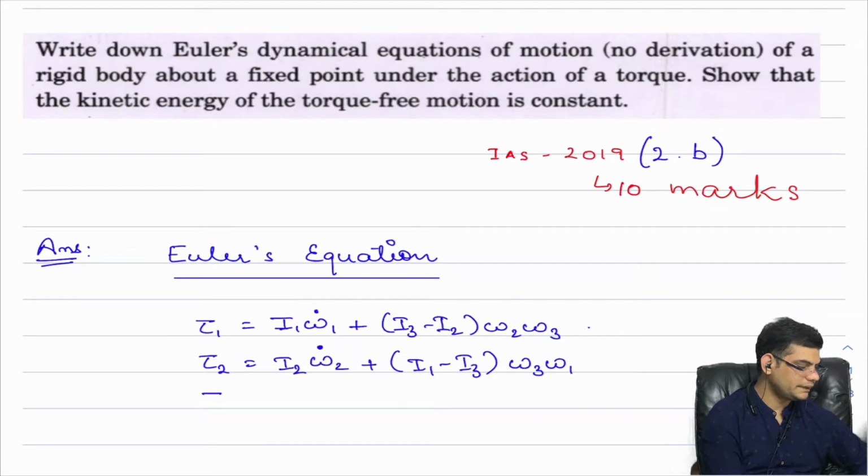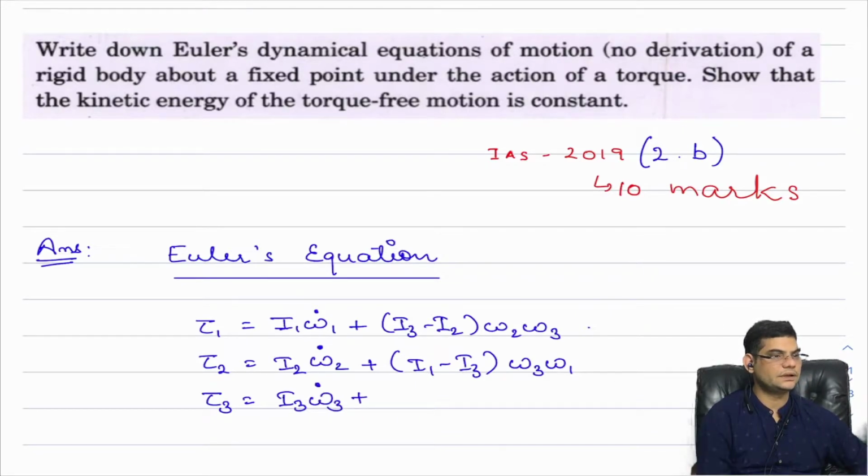Tau 3 is equal to I3 omega 3 dot plus I2 minus I1 omega 1 omega 2. These three equations, or this set of three equations, is known as Euler's equation.